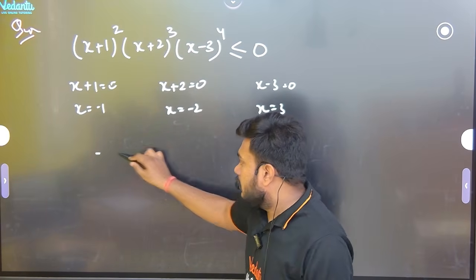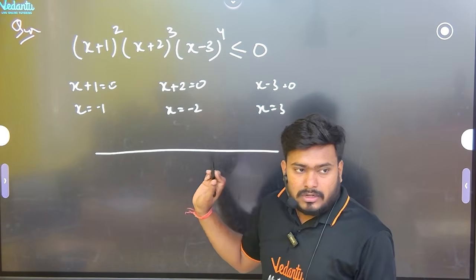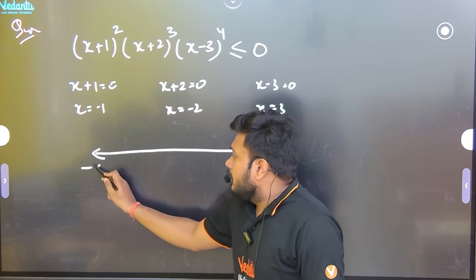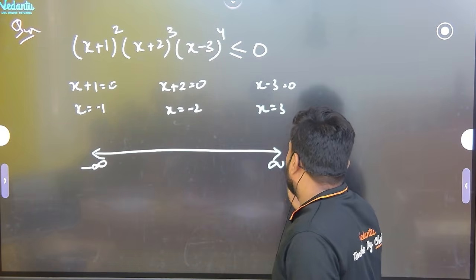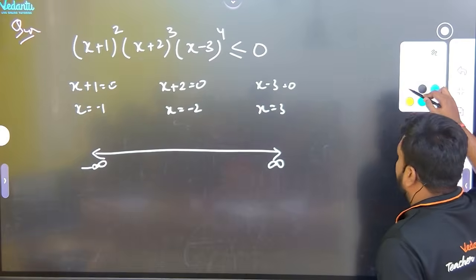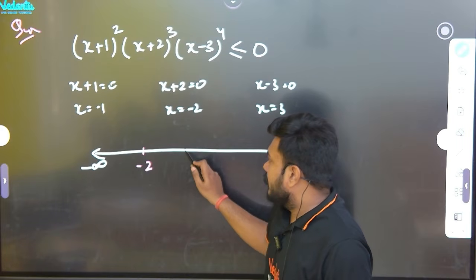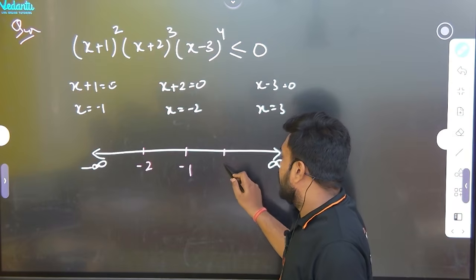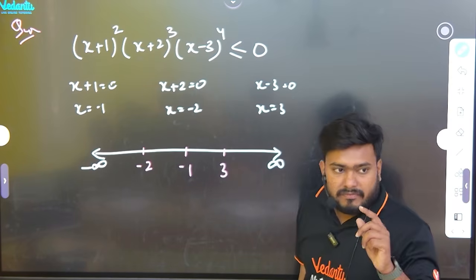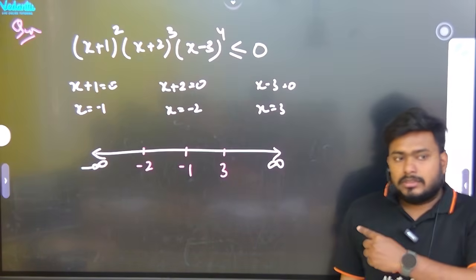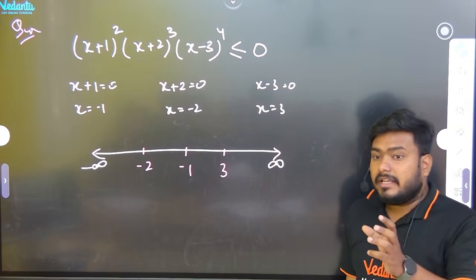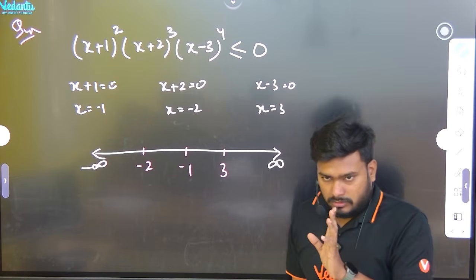Next step says, I will draw a number line. In the number line, minus infinity. Plot these numbers on the number line. Which number will come first? Minus 2. Then minus 1. Then 3. How many values of x? 3. How many intervals? 4.